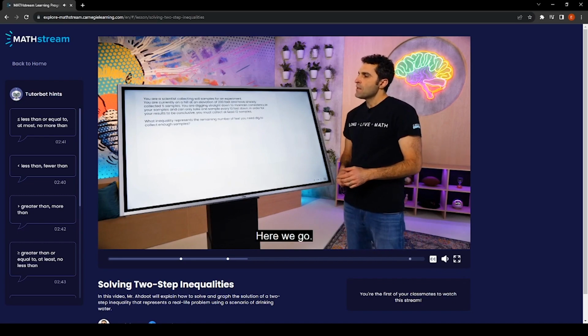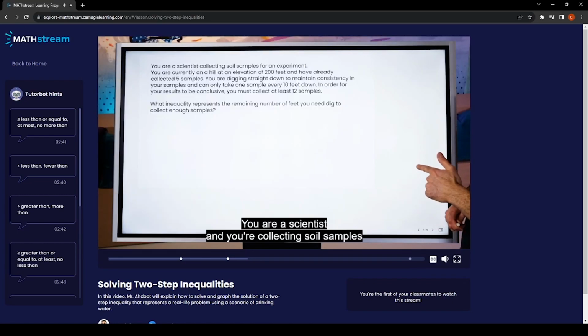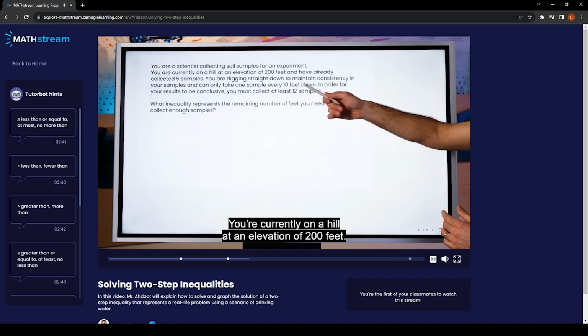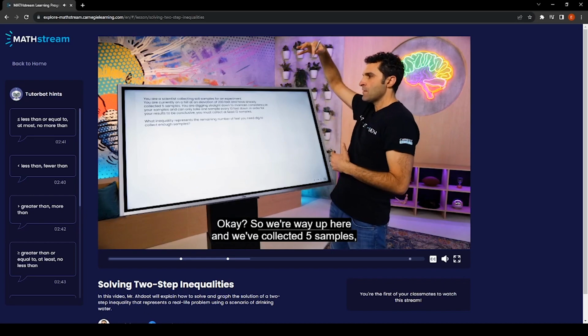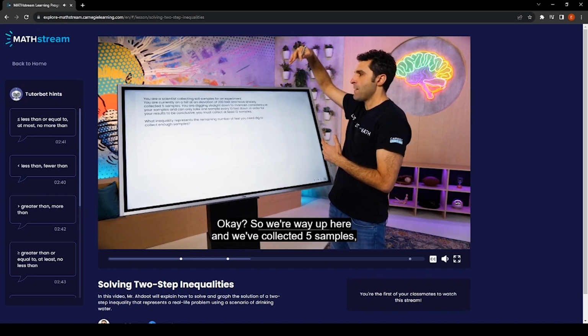Here we go. You are a scientist, and you're collecting soil samples for an experiment. You're currently on a hill at an elevation of 200 feet. So we're way up here, and we've collected 5 samples.